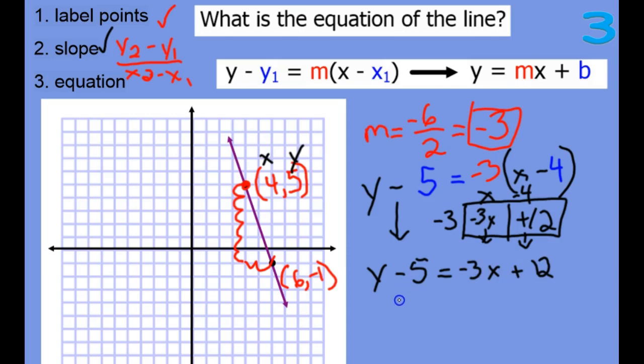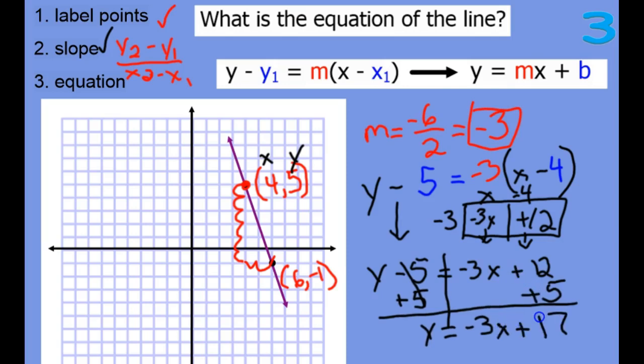To get y by itself here, we have to add 5, because it's the opposite of minus. And we're going to add 5 over here, because they both don't have variables on them. So we get y equals negative 3x plus 17.